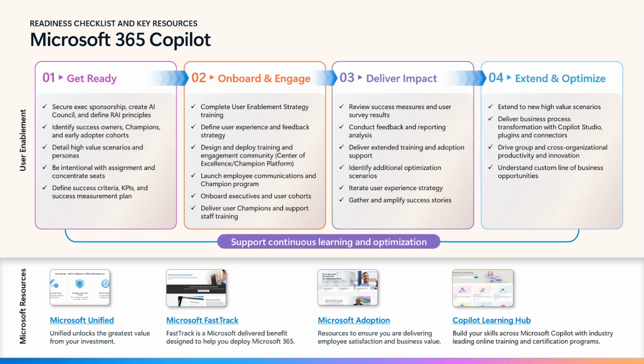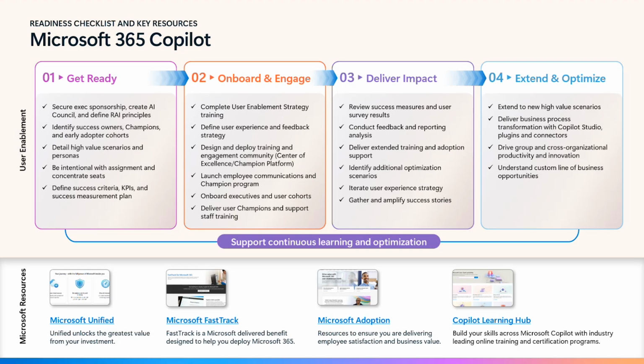Okay, so here I just finished with the different phases. I added some resources. As you see, these are the different phases. For your client, for Copilot adoption, I added on this slide different links for the Copilot Learning Hub and Microsoft Adoption, in case you will use it and present it to your client, especially Microsoft FastTrack, for example.